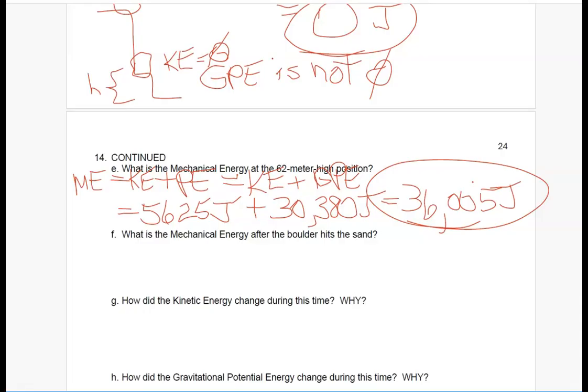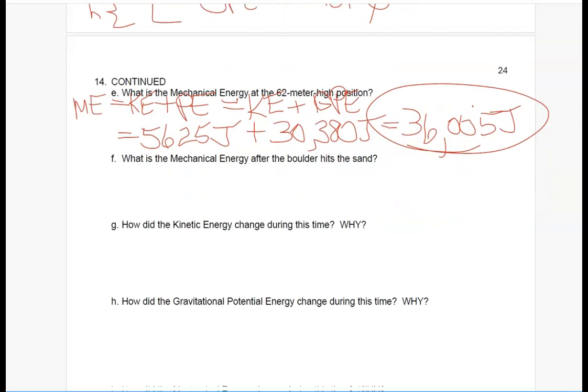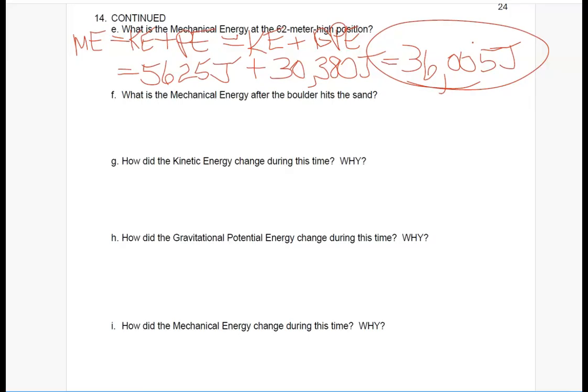The next question, part F, says, what is the mechanical energy after the boulder hits the sand? Well, again, we use the simple formula, mechanical energy equals kinetic energy plus potential, but we know the potential is gravitational potential.